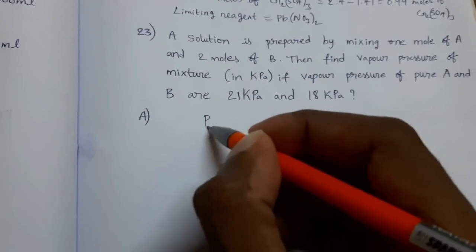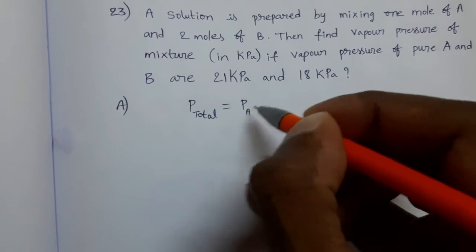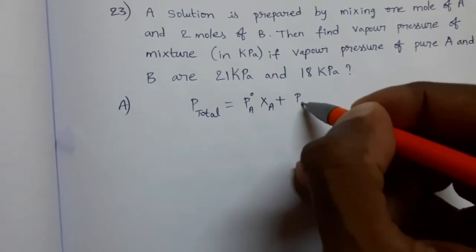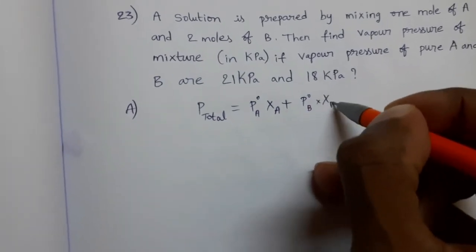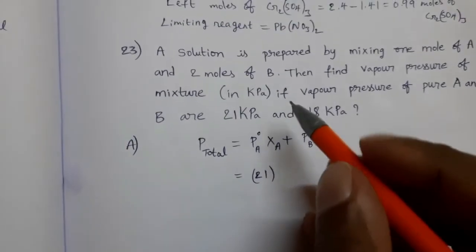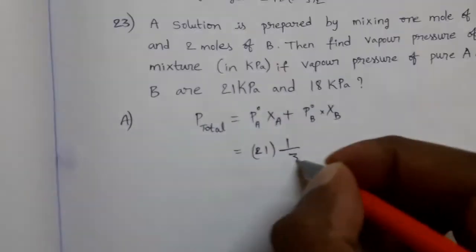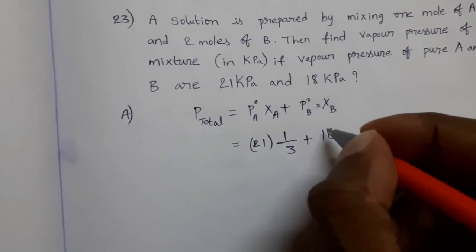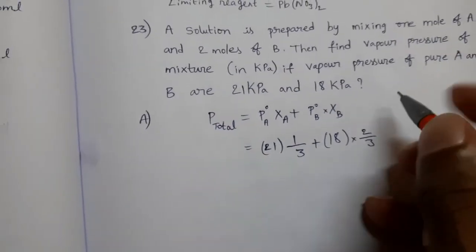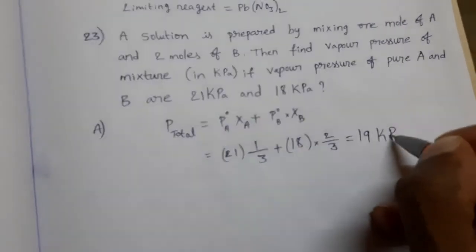Direct formula: total pressure equals vapor pressure of pure A into its mole fraction plus vapor pressure of pure B into its mole fraction. So 21 into 1/3, plus 18 into 2/3, gives a total pressure of 19 kilopascal.